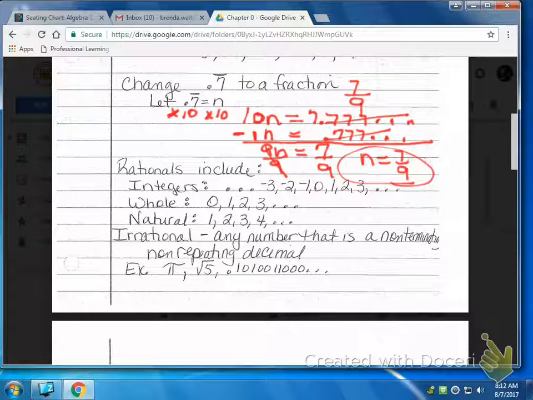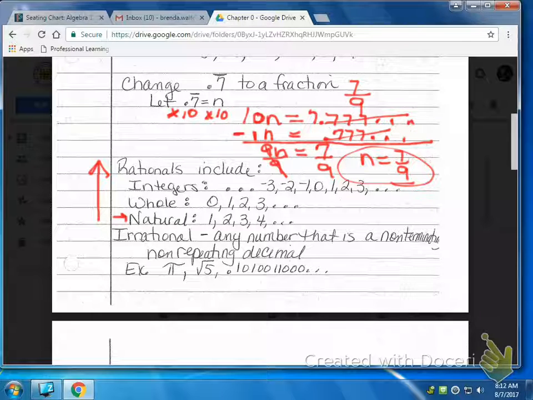So just remember, you kind of go up this list over here on the left. If they give you the number 3 and ask what sets it belongs to, you'd have to say natural, whole, integer, rational. It's in all of them.